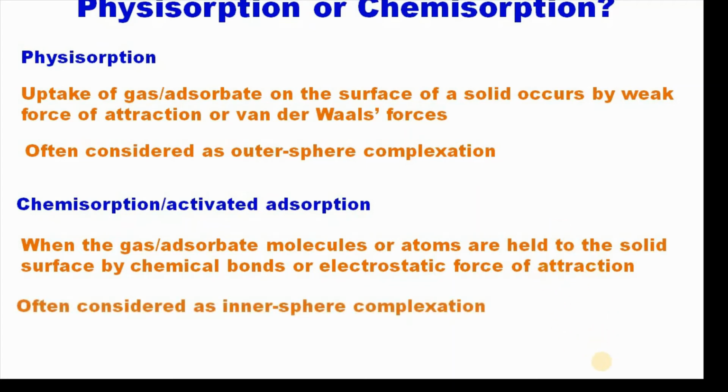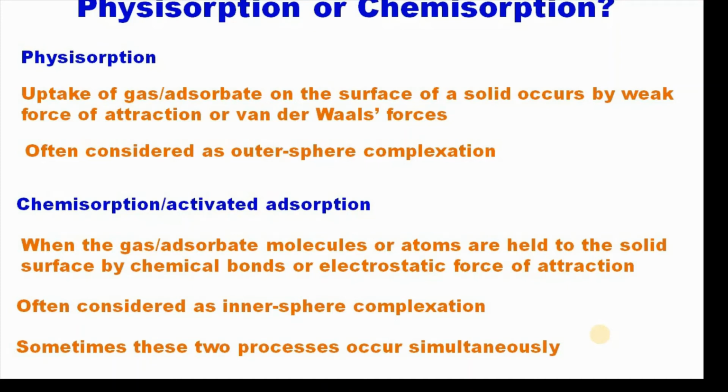Sometimes it is also referred as inner sphere complexation, which involves the formation of direct chemical bond between adsorbate molecule and the surface. Sometimes both physisorption and chemisorption occur simultaneously.